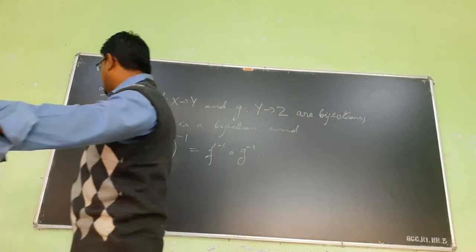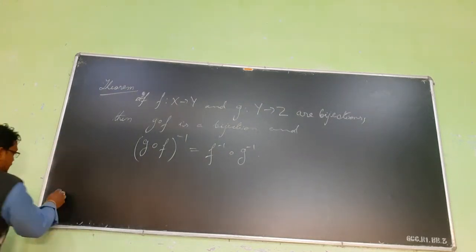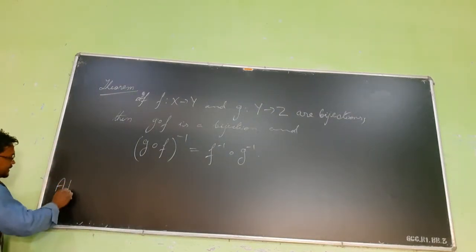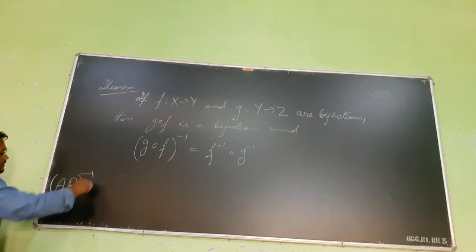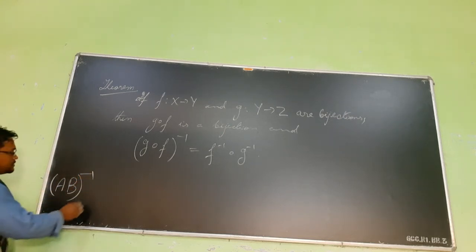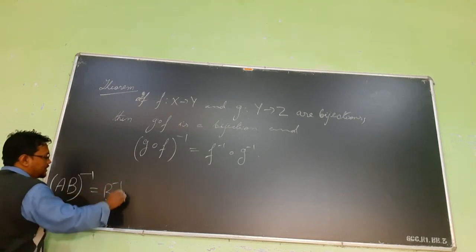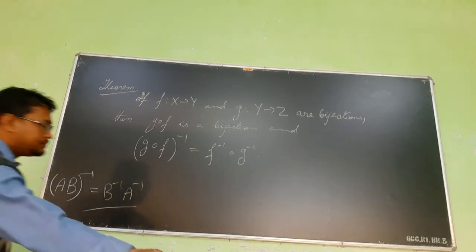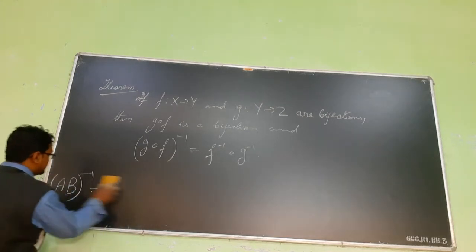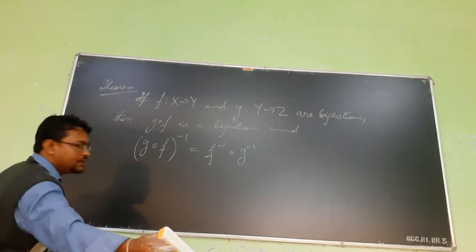So it's something like in higher secondary you have the product of two matrices and then you take the inverse: B inverse A inverse. So it's something like this. Okay. So let us quickly prove this.